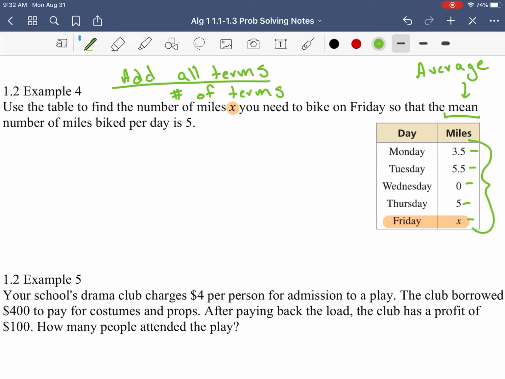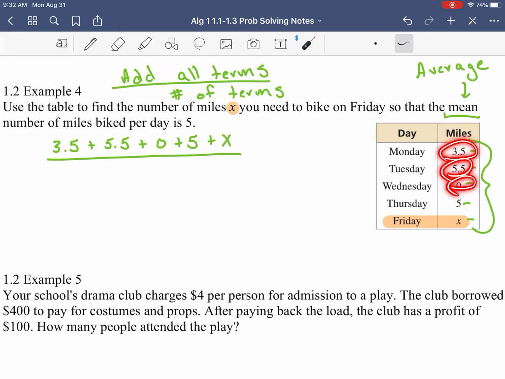So I would start by adding those up: 3.5, add 5.5, add 0, add 5, add x. And when I'm all done, I would divide that whole thing by the number of terms. There are 5 of them, so we divide by 5, and that should equal the mean.